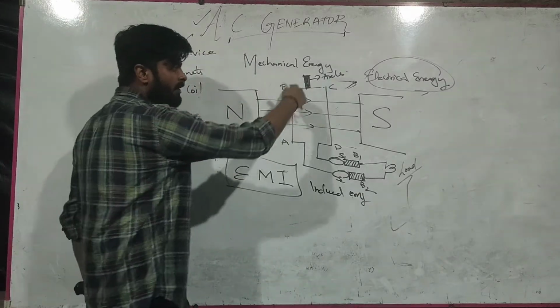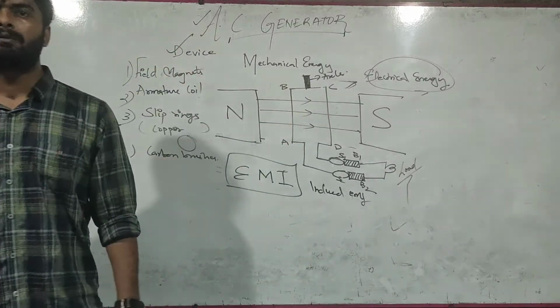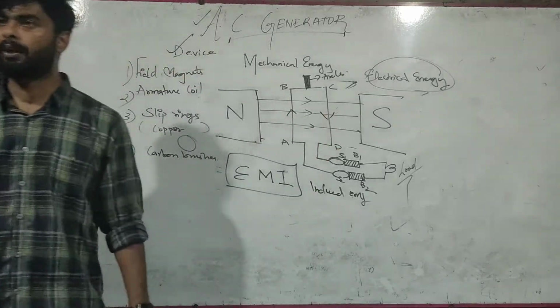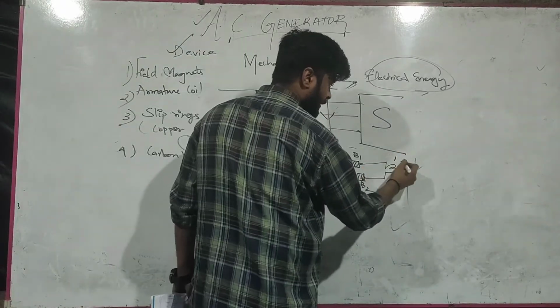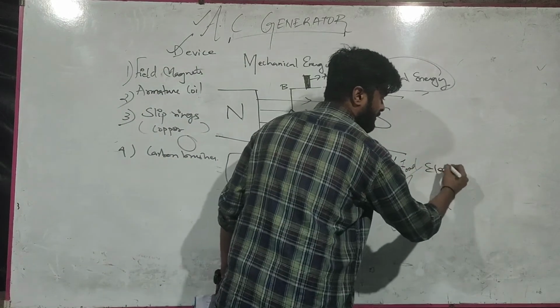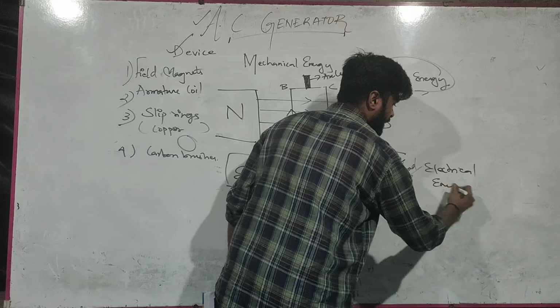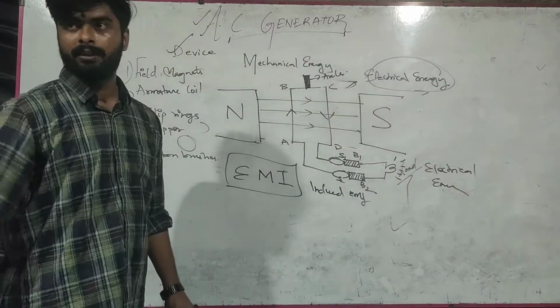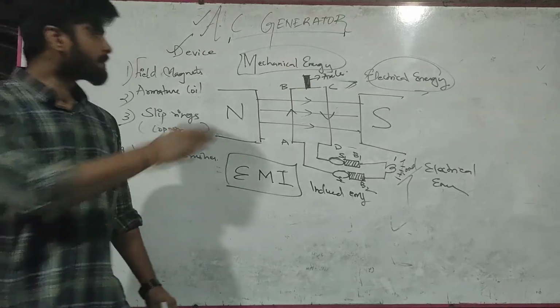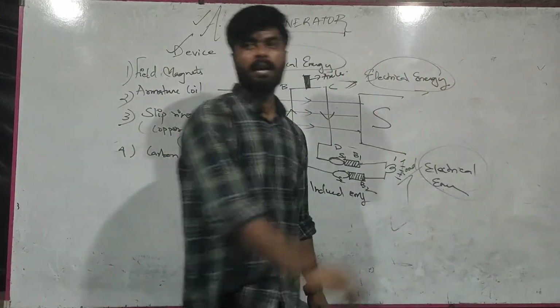So an induced EMF will be produced in this coil, which results in induced current. This induced current in the coil will light up your load, or you will get an output as electrical energy. You were rotating the axle, right? So when you are rotating the axle, you are giving mechanical energy, and that mechanical energy is converted into electrical energy.